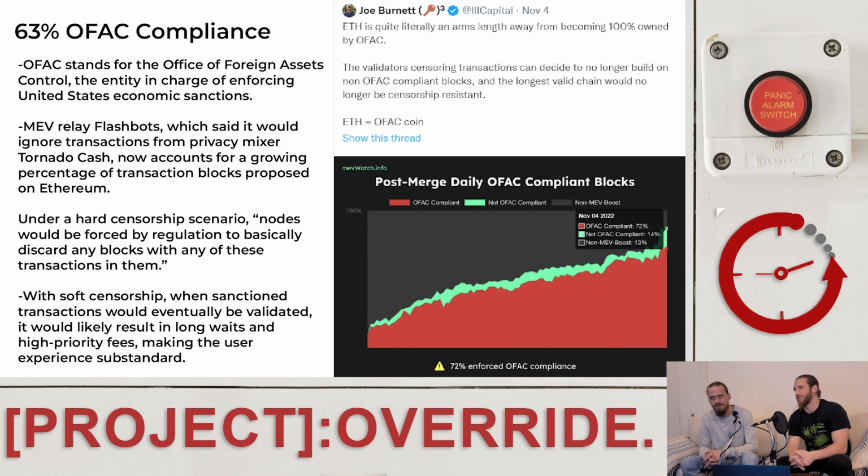Right, so the tweet there is like, ETH is quite literally an arm's length away from becoming 100% owned by OFAC. Being regulated, validators censoring transactions can decide to no longer build on non-OFAC compliant blocks. The longest valid chain would no longer be censorship resistant. So they're saying ETH equals OFAC coin, and it's a bit true, a bit not true.